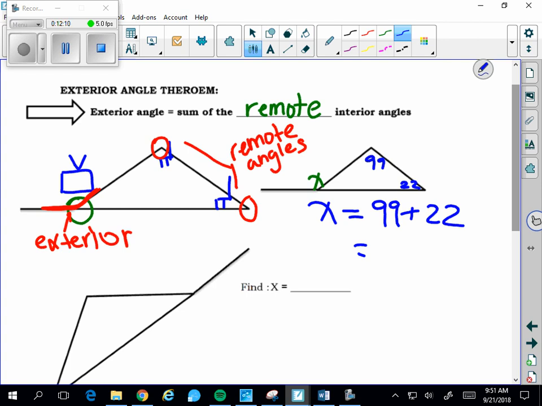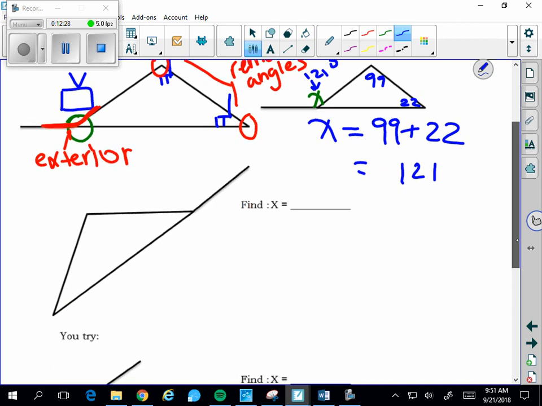So that angle is, what is it, 121? 99 plus 22? So that exterior angle is equal to 121 degrees, using that theorem. So let's do one more example, and then we'll give you one more to try.